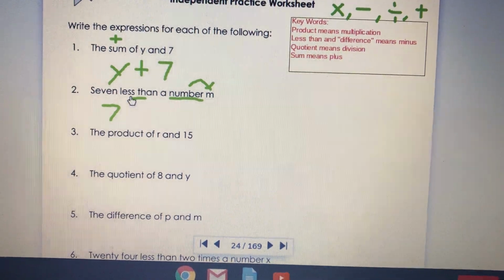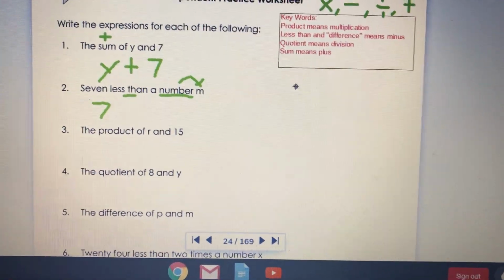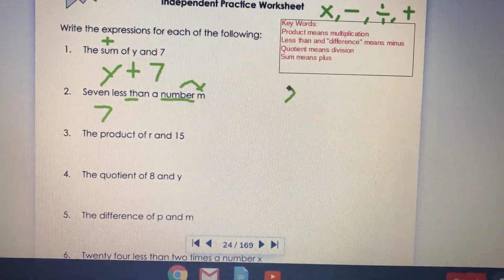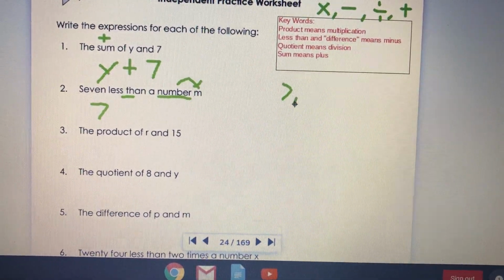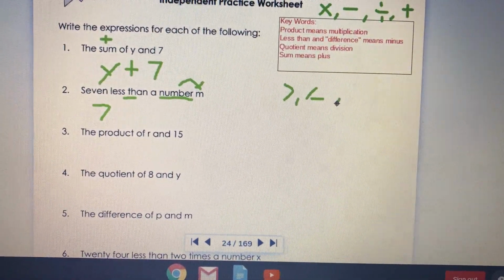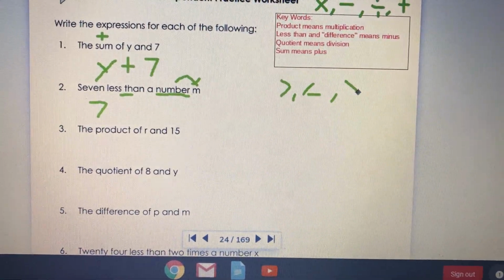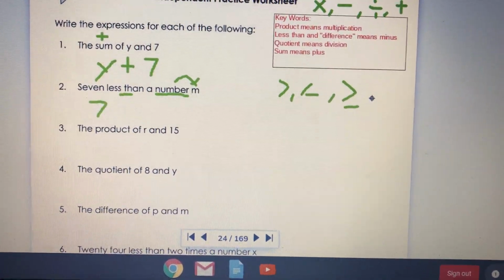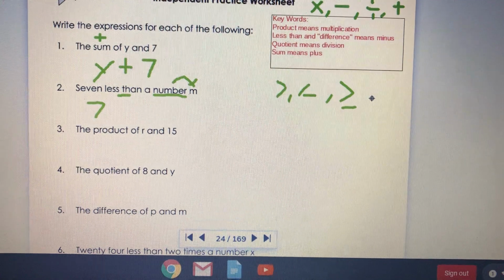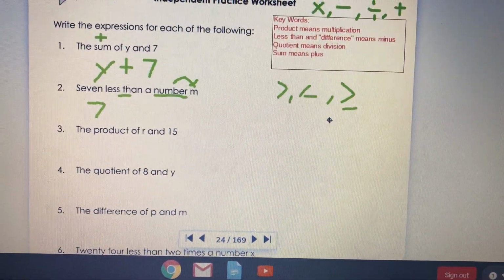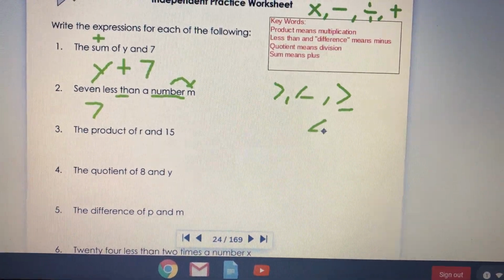Also, I forgot to mention, remember the symbols we worked on, which is greater than, sorry, we have less than, we also have greater than or equal to, and less than or equal to.